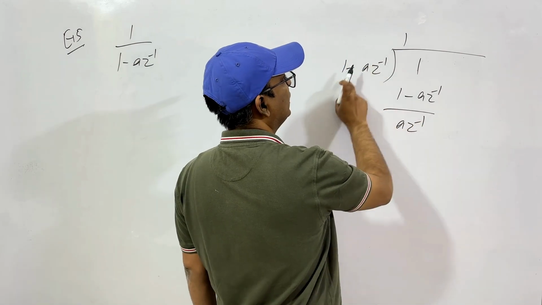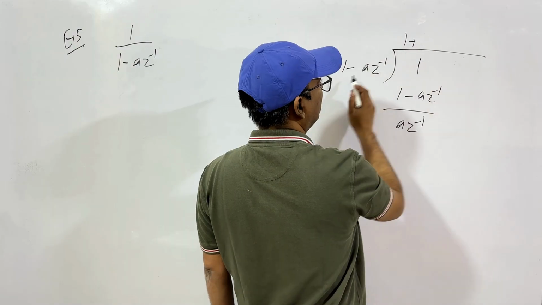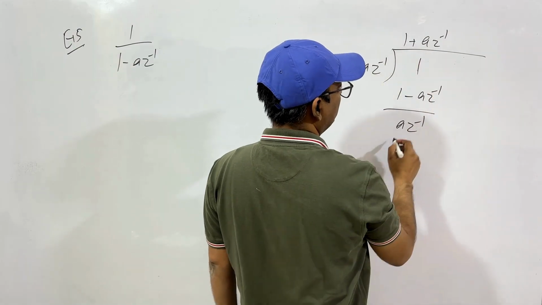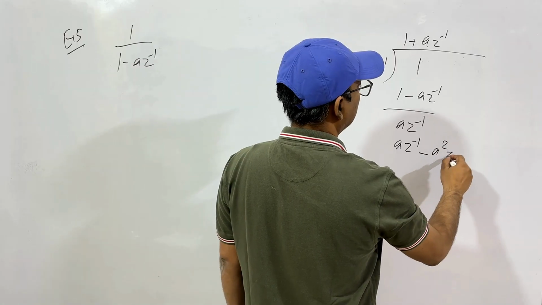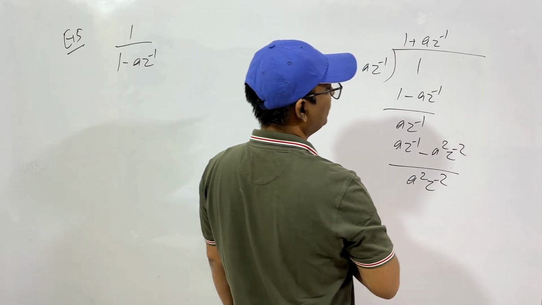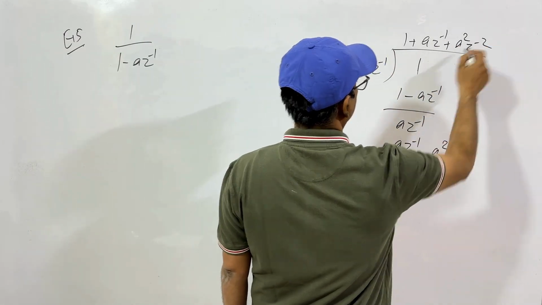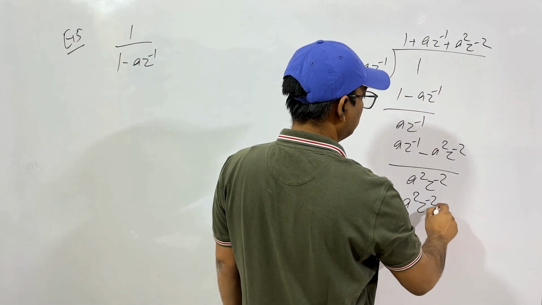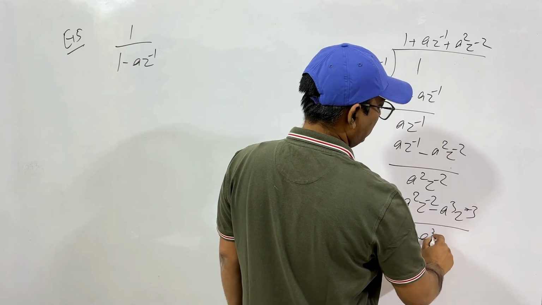Then you have to multiply by a z inverse, so you get a z inverse minus a square z minus 2. So what you get is a square z minus 2. Then multiply this by a square z minus 2, and you get a square z minus 2 minus a cube z minus 3. So what you get is a cube z minus 3.